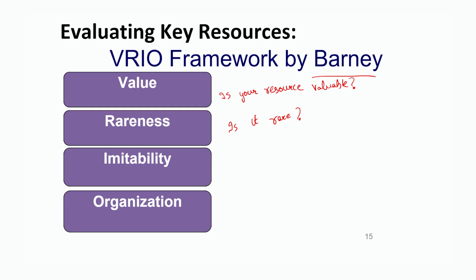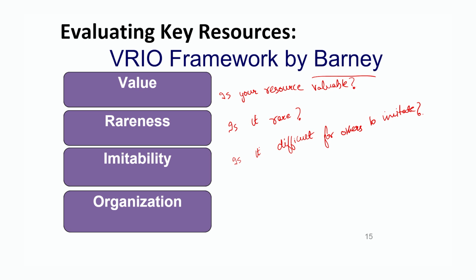Third is about its imitability. So the question becomes, is it difficult for others to imitate? So your valuable and rare resources will give you sustainable competitive advantage until they have been imitated by others.